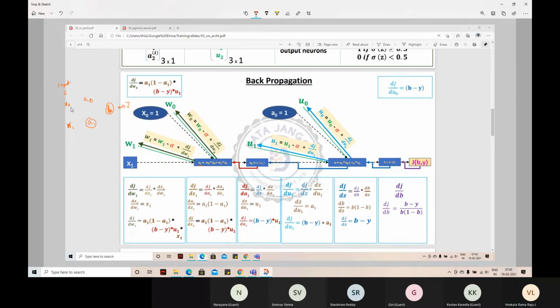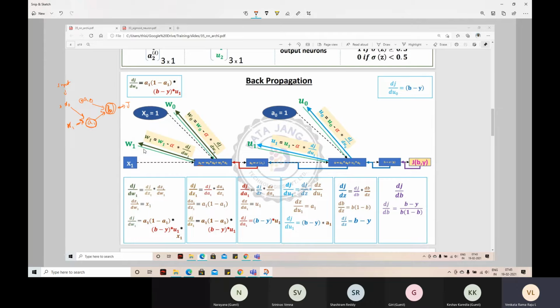To A0 nothing will go, because A0 is 1. Always 1, it is the bias term. This is the neural network I am trying to explain. So this is one sigmoid neuron, and this is another sigmoid neuron.